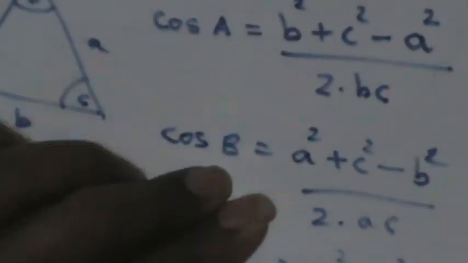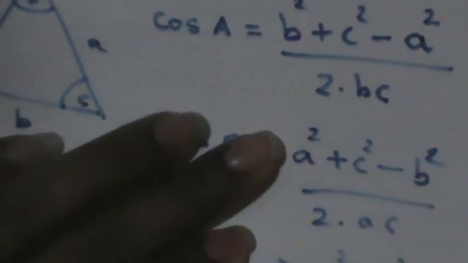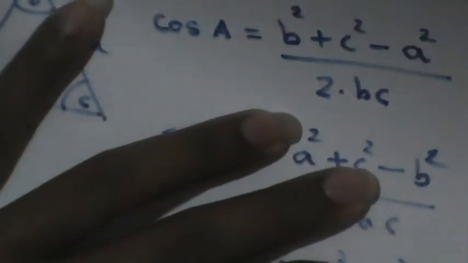So when you take cos A, the a square is subtracted, and the other two terms b and c are squared and added, divided by 2 times those two. If you take cos B, you subtract the square of b. If you take cos C, you subtract the square of c. So that's easy to understand and easy to memorize. These are called the sine law and the cosine law.